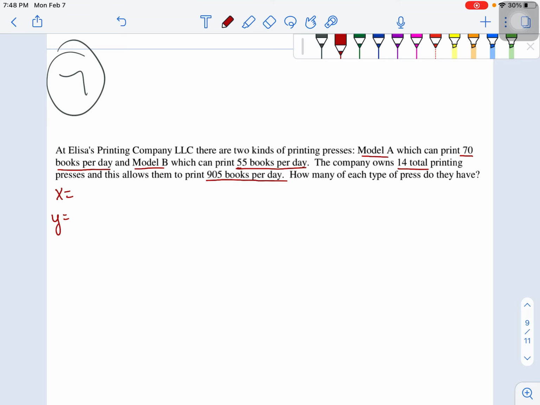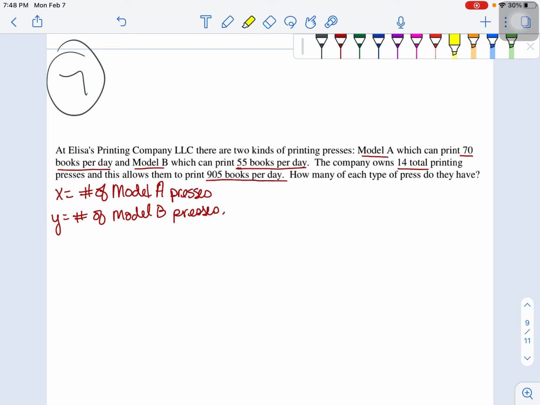So x is going to be the number of Model A printing presses, and y is going to be the number of Model B presses. So you'd get a point just for doing that.